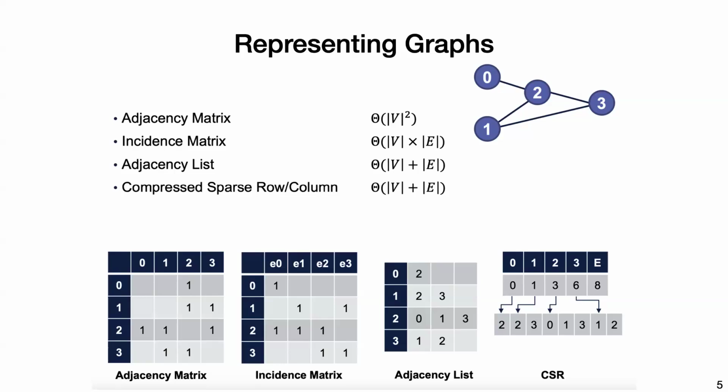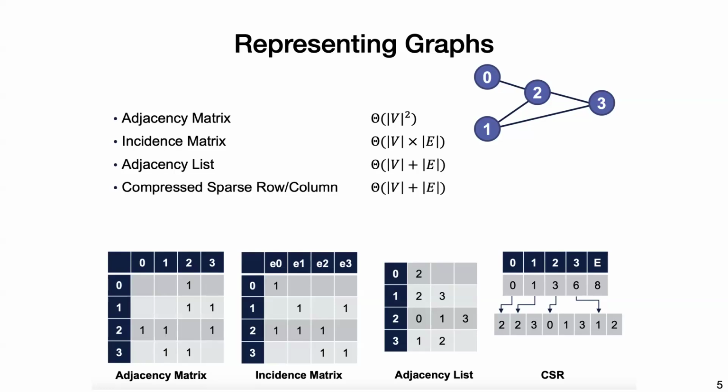The incidence matrix, rather than the rows and columns both being vertices, has rows that are the vertices and columns that are edges. So there are E possible edges, and the numbers in the columns mark which vertices are at those edges.